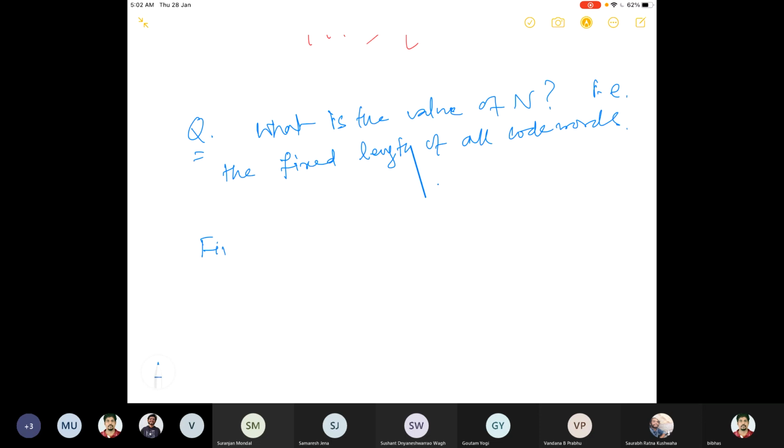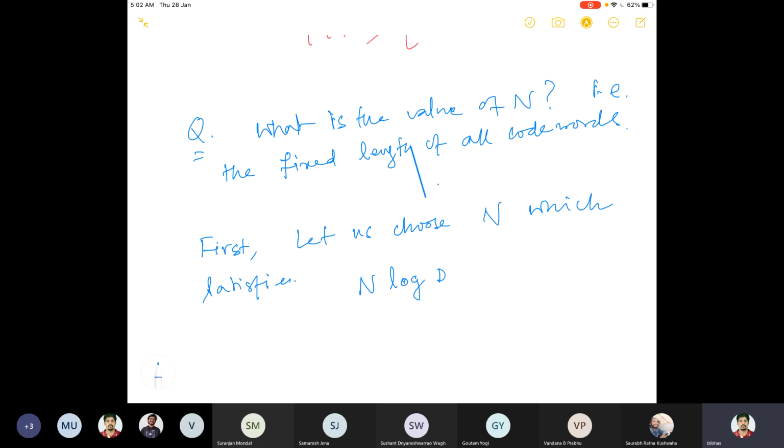First, let us choose n which satisfies n log D is bigger equal to L(H(U) plus delta). Why are we choosing this number? Because I know the proof of this, Shannon's. But how did Shannon have this guess?